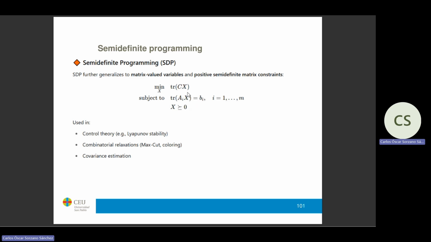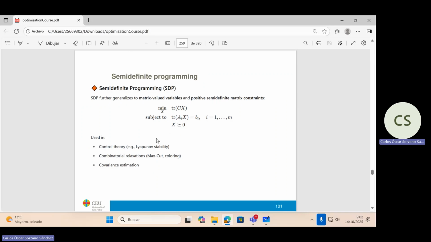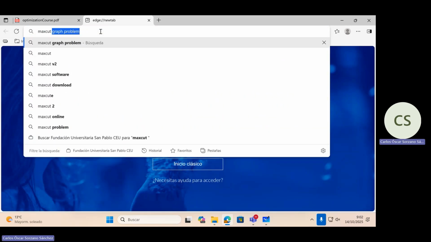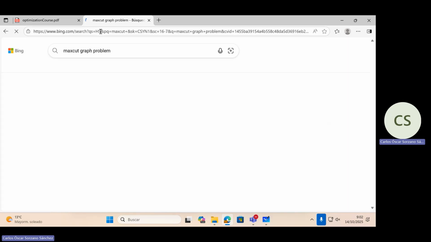And X has to be positive semi-definite. Again, this appears in control problems, and in combinatorial problems like MaxCut or graph coloring. MaxCut we saw, no? When we had the graph problems, we saw the MaxCut problem. No? Otherwise, I'm sure we can find some nice picture of this. MaxCut graph problem.